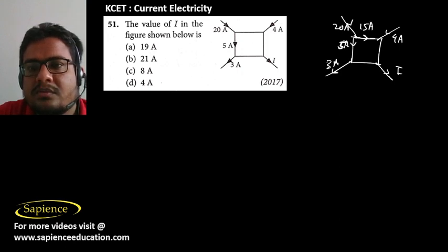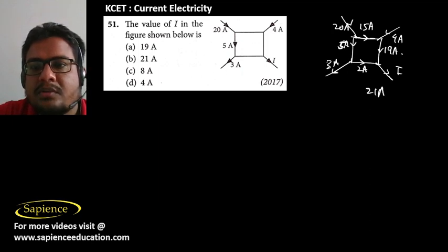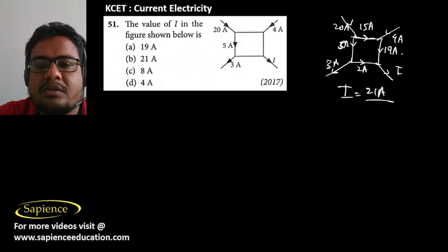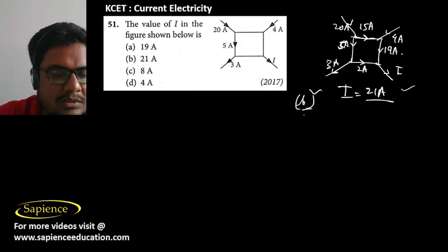This is 3 ampere, so this should be 2 ampere. This is 4 ampere and this is 15 ampere, so when we add them here, 19 ampere will come. 19 ampere plus 2 ampere is 21 ampere. I should be equal to 21 ampere. Option B is the correct answer.